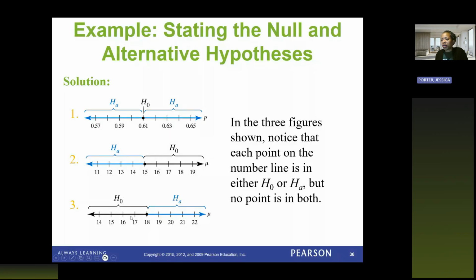And on the last one, H sub 0, the null hypothesis, is less than or equal to 18. So notice this black kind of hovers over the 18 because it equals that. And the alternative hypothesis is on the other side.